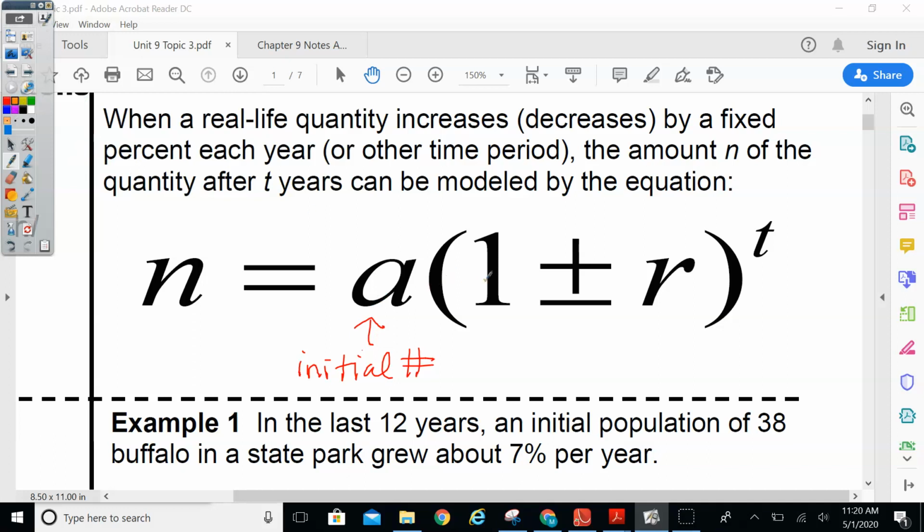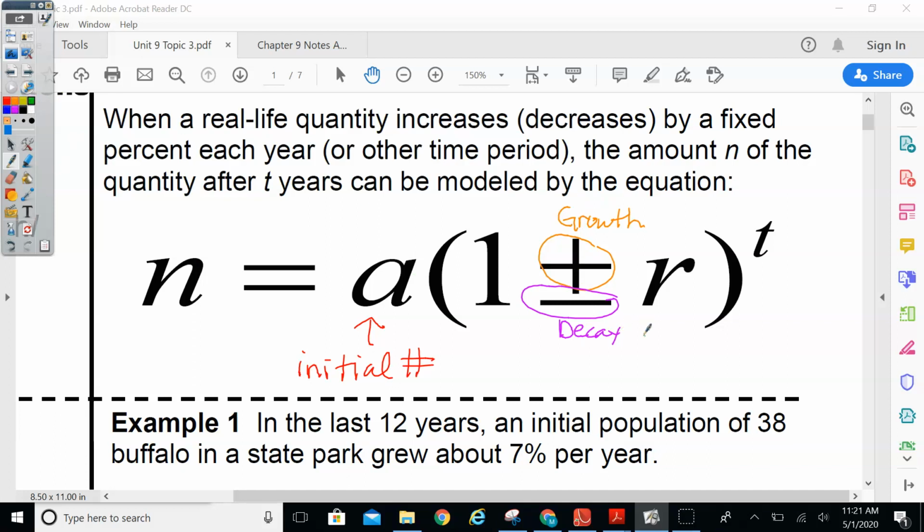And then you do 1 plus. If it's a plus sign, it's a growth. If it's a minus sign, that's because it's decay. So depending on what the situation is, you'll either use positive or negative.